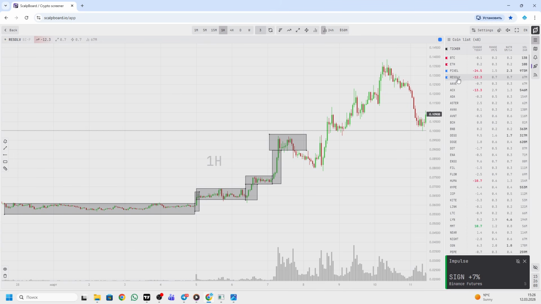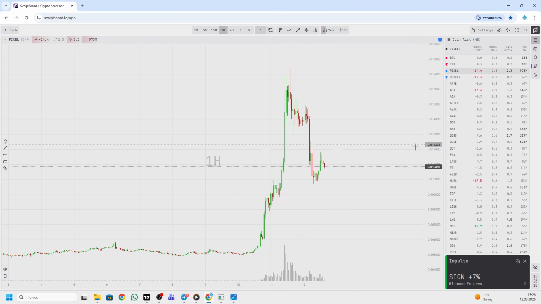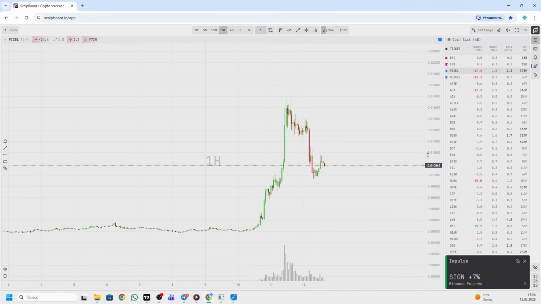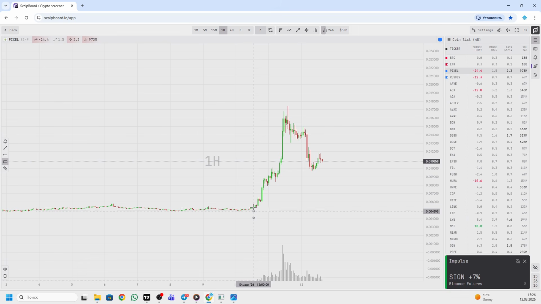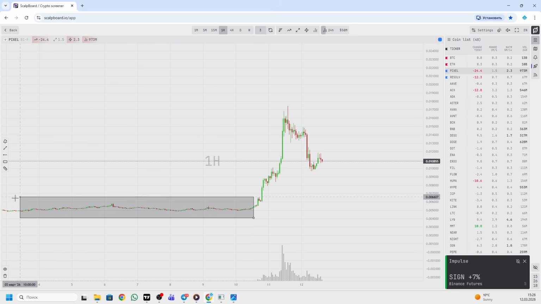Let's see something else, maybe here also, you see. This is a long accumulation zone we have. Let's measure it. How much percent he pushed it up? 250%. Can you imagine how many resources he has to have?